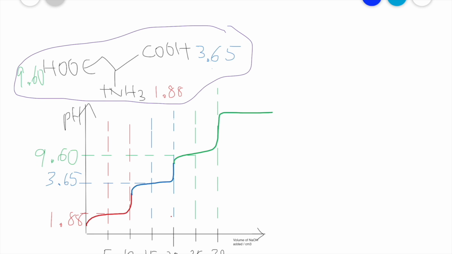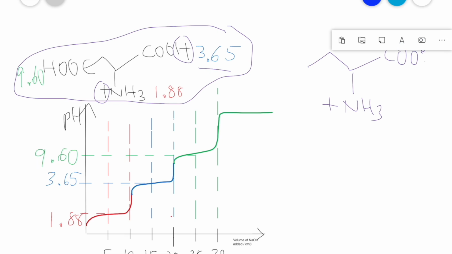So if you have this plus over here, then one of these needs to be a minus, and it's going to be this one that becomes a minus since this one comes off first because it's a lower pKa. So the zwitterion will be NH3 plus, COO minus, and this one doesn't change. So this is the zwitterion.